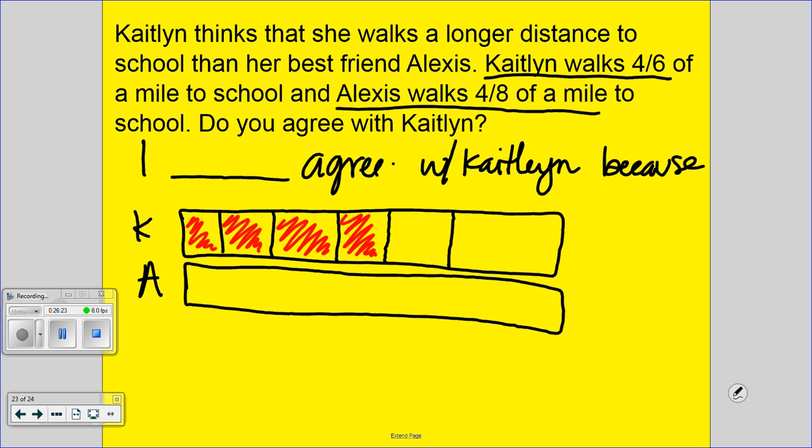Yes. Can you tell me what the middle is going to be if you've been playing Uncover the Whole? 4 eighths is equal to 1/2, which means I'm going to have 4 eighths on this side, and then 4 eighths on this side. And she walked 4 of them.